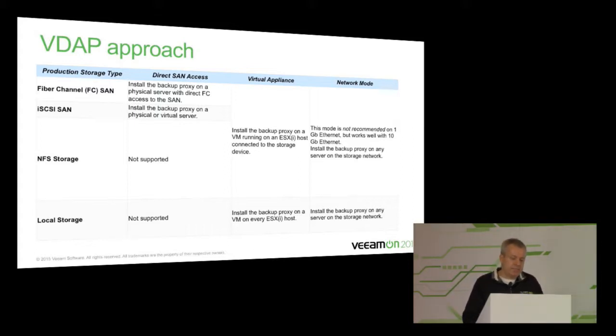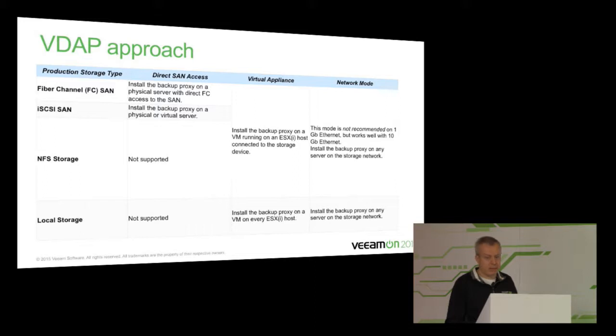For iSCSI, you can use exactly the same approach as Fibre Channel, because it's still some kind of block-based storage. Again, you can use virtual appliance mode or network transport mode.